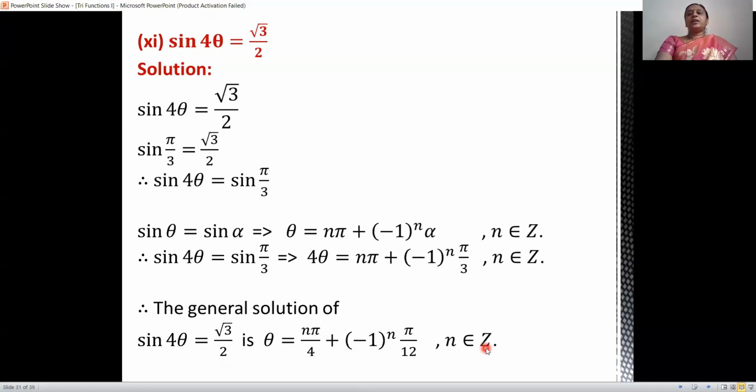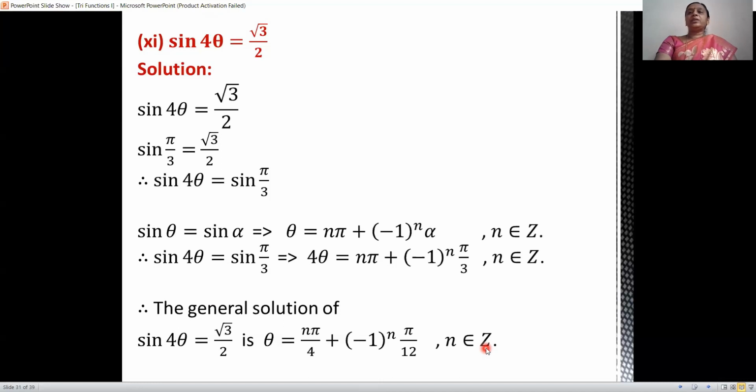In this way, in today's lecture, we have seen how to find the general solution of given trigonometric functions. And you have understood that to find the general solution, remarks 1, 2, 3 are very important, because these remarks are nothing but the formulae to find the general solution of given functions.